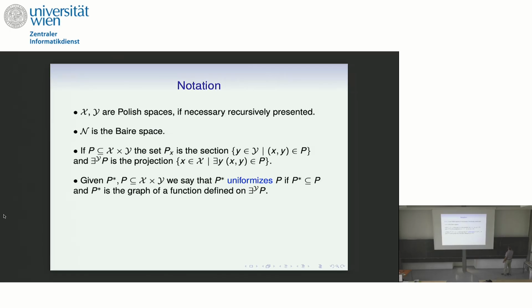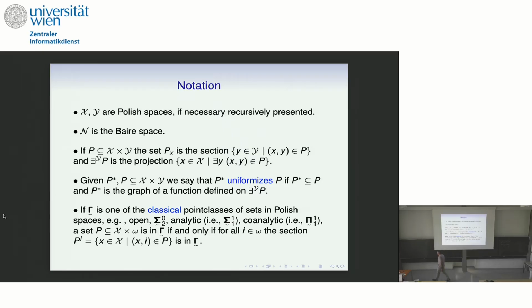Suppose that this is X, and that this is Y, and then this is P. So the projection here, well, projection on X, this set here. Uniformization means that I can find a curve there. This is P*. Okay, this is the uniformization.